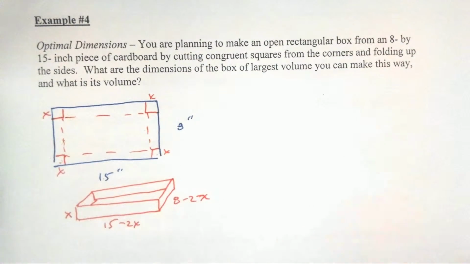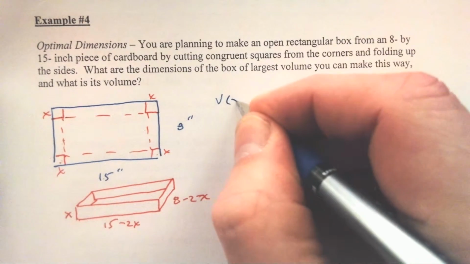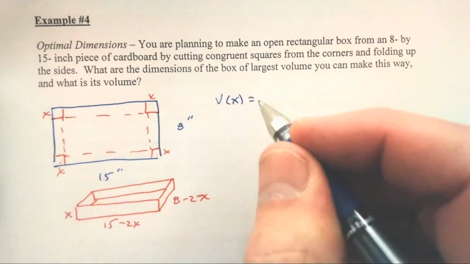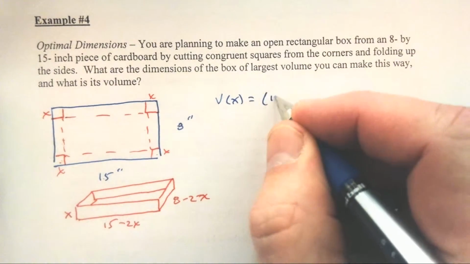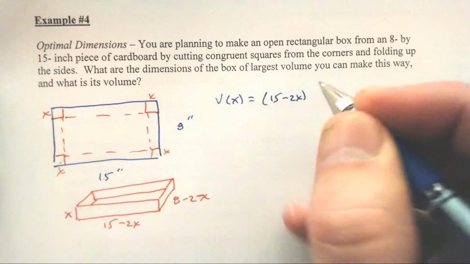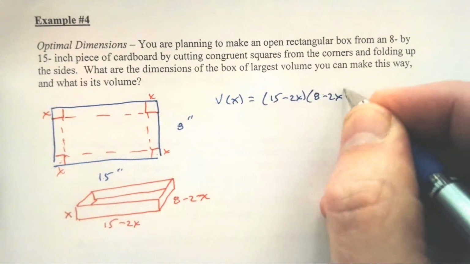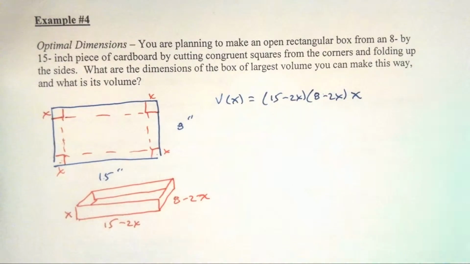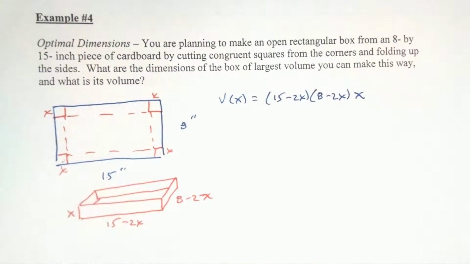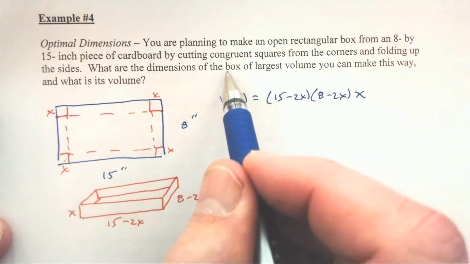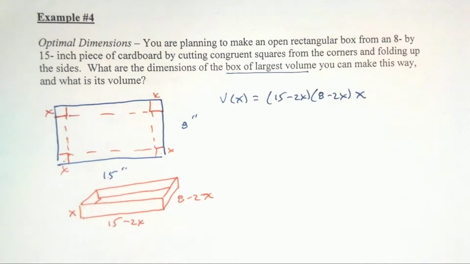So our volume, based on how far we cut in, would be length 15 minus 2x times width 8 minus 2x times height x. And that kind of makes sense.